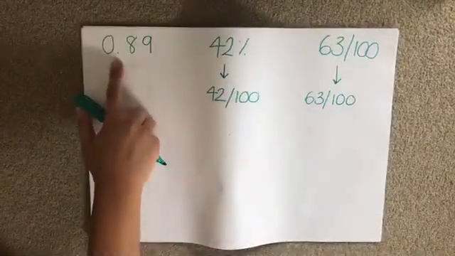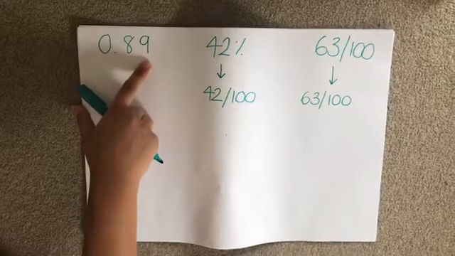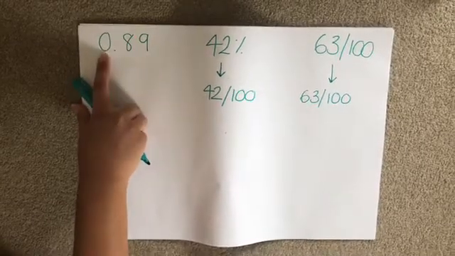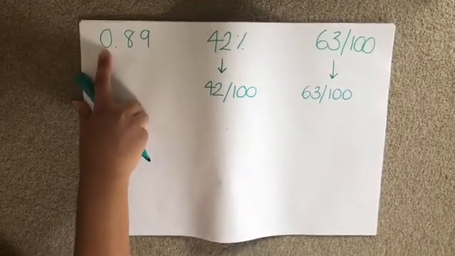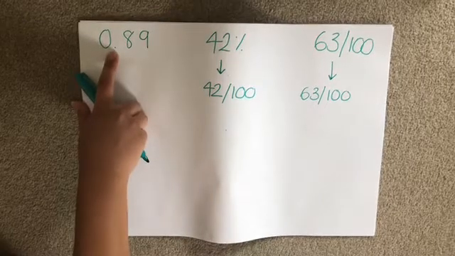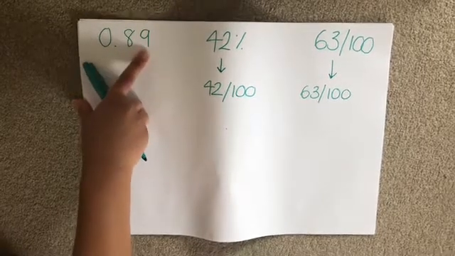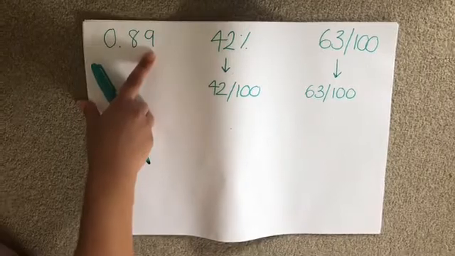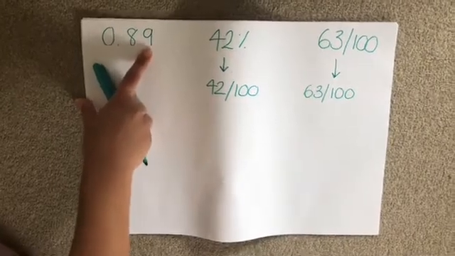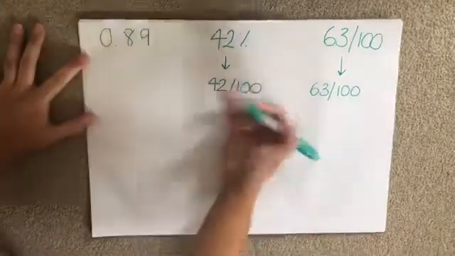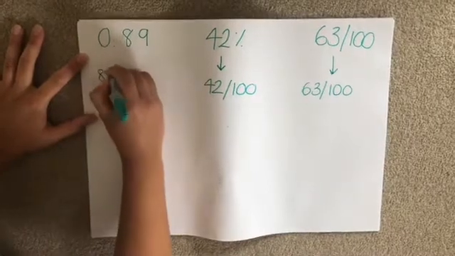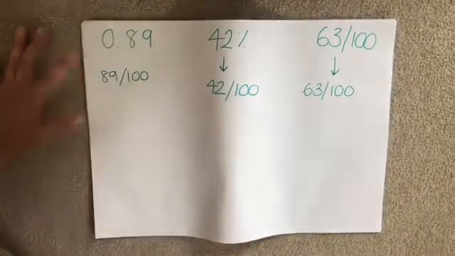And here, 0.89, we know that using place value, this is our ones column, so we've got no ones. Our decimal point, then we've got our tenths and our hundredths. So our last digit lies in the hundredths column. So this we can convert into hundredths, whereby it is 89 out of 100.